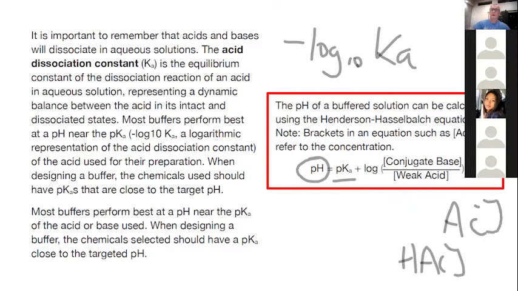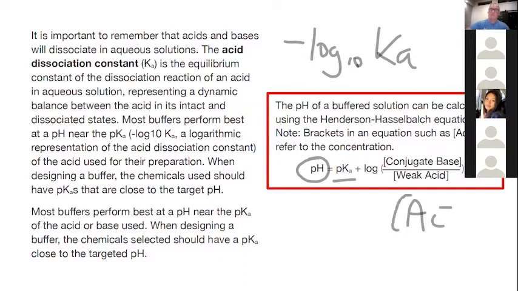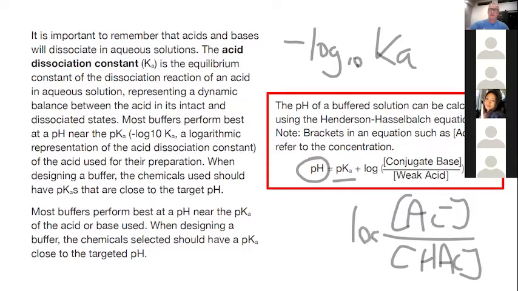So if we wanted to figure out what the pH is, we do that by this equation here. We figure out what is the concentration of our acetate ion, and what's the concentration of the undissociated acid, and we take the log of it. Add that to the pKa, and we get the pH.